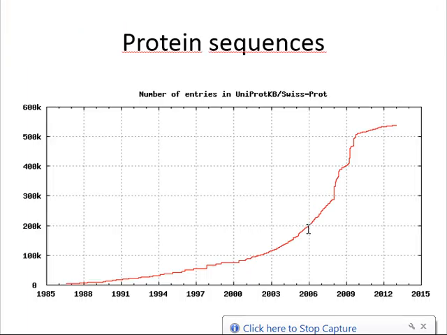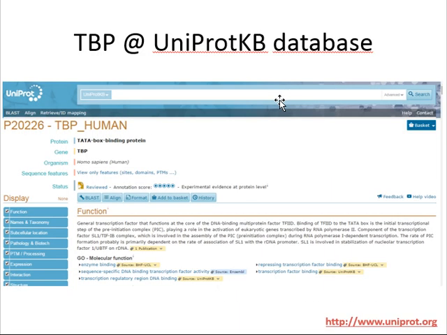Over time, there has been a growing number of entries on proteins. The main protein database is UniProt, SwissProt, which nowadays is only UniProt. That database has all the sequences of proteins annotated.